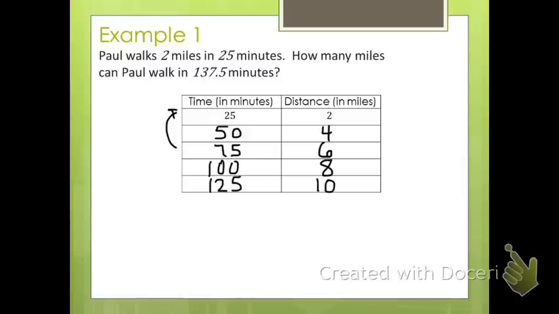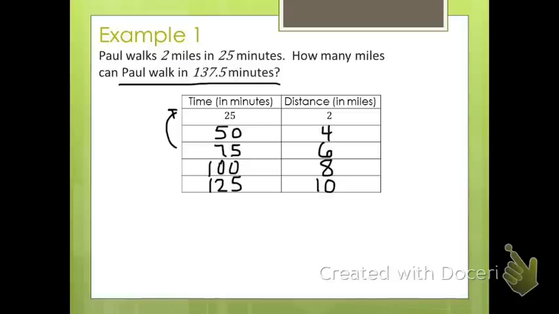Okay, so our table is getting us closer to an answer, but we're not quite there yet. So think about, how would you set this problem up to find out how many miles Paul could walk in 137.5 minutes? Go ahead and pause it and come back, and I'll show you one way you might do it. Because this is a proportional relationship, in other words, every 25 minutes he's going the same distance, I could set this up as a proportion.